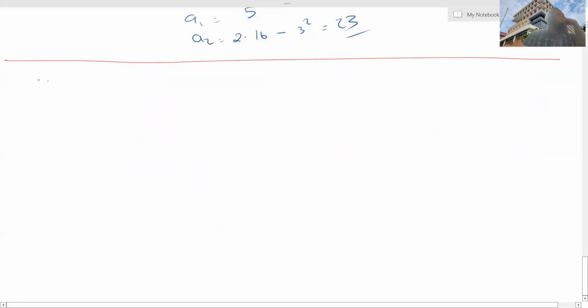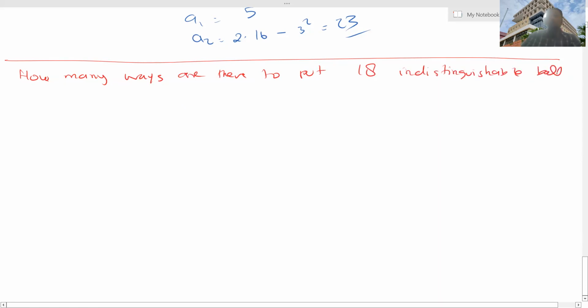Question is, how many ways are there to put 18 indistinguishable balls into 3 distinguishable boxes? That means we have 3 boxes, A, B, and C, for example, and you want to put these 18 balls into these 3 boxes, but the balls are the same, right?